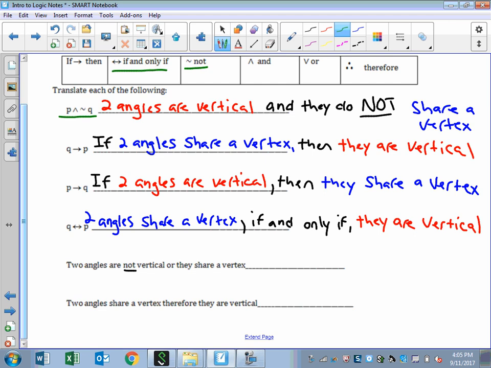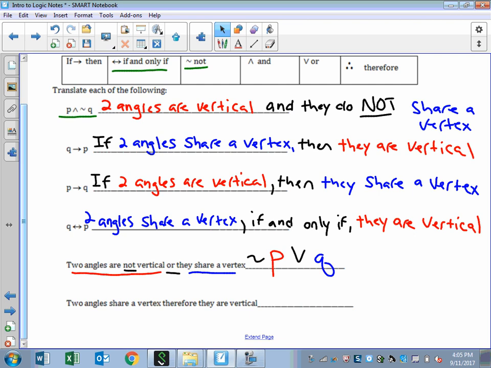Two angles are vertical was our P. So it's going to be not P. Then we have or, so we need the down pointing arrow. And then they share a vertex was our Q.